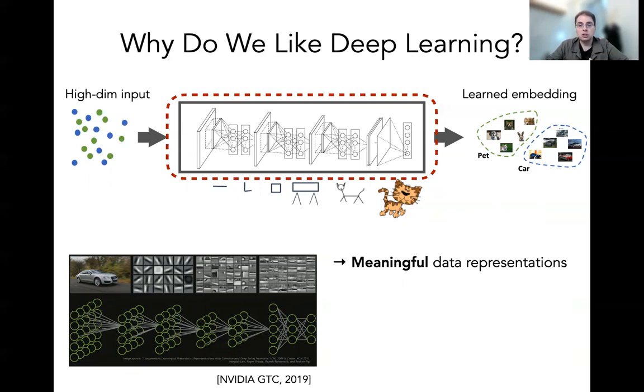So maybe the initial levels correspond to recognizing some edges or shapes, but as you go deeper and deeper into the network, you get more and more high level concepts. So that's one reason why having this very nice way of representing the data is extremely useful, and we can do a lot of really cool stuff with it.